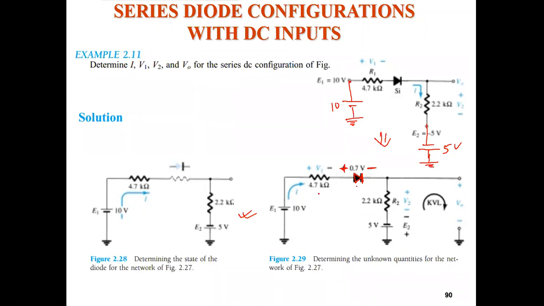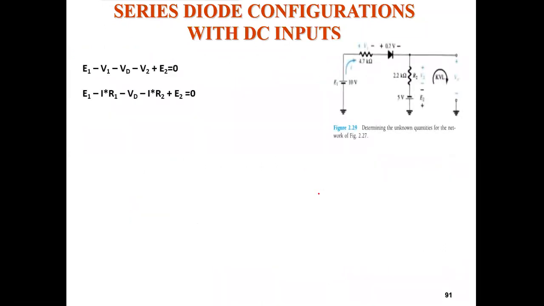Here the calculations are already there. Quickly, if you apply a loop here: plus 10, minus I into 4.7, or minus I into R1, where R1 is this 4.7 k resistor, then minus VD.